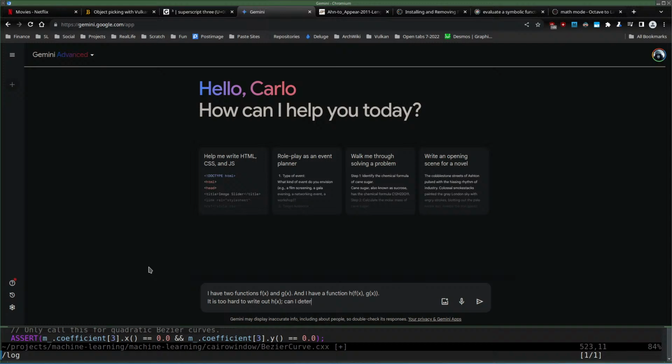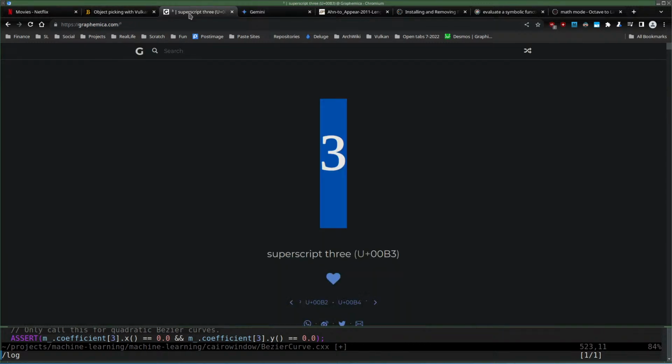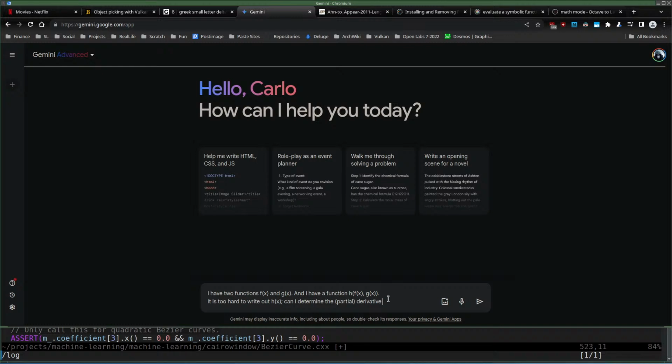Can I determine the partial derivative, then I need a D. Was probably Greek lowercase delta, this one. dH dx.